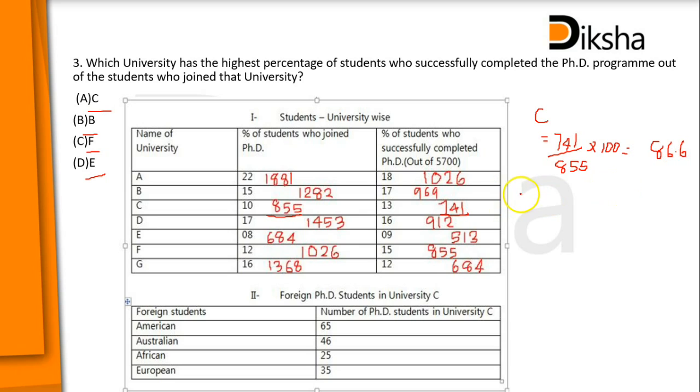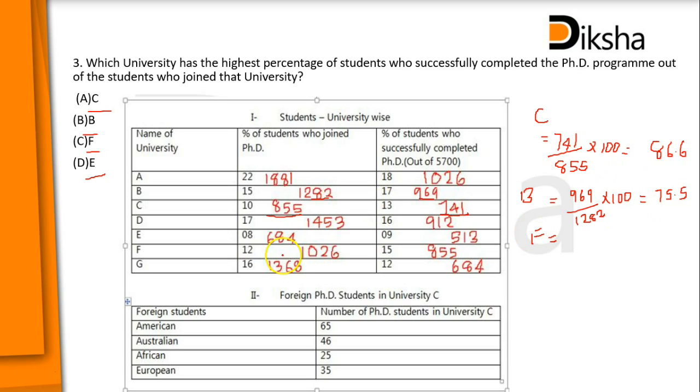The next option is B. For B, the total passed is 969 and the total students is 1282. So 969 by 1282 into 100 gives you 75.5 percentage.